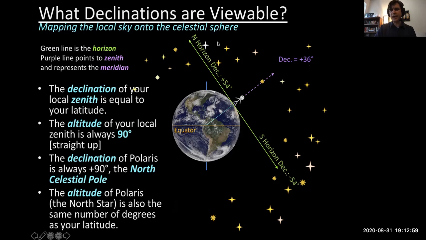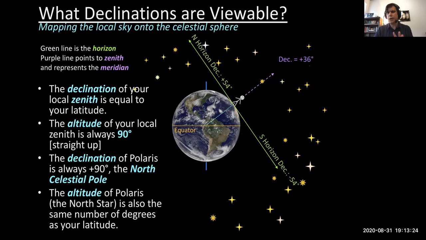And notice now we have a declination mapped onto our local sky. That's going to be our linchpin to figure out what declinations are observable. But we need to keep in mind that straight up is always straight up. That's 90 degrees up. So your zenith always has altitude of 90, two different coordinate systems. Your horizon always has an altitude of 0.